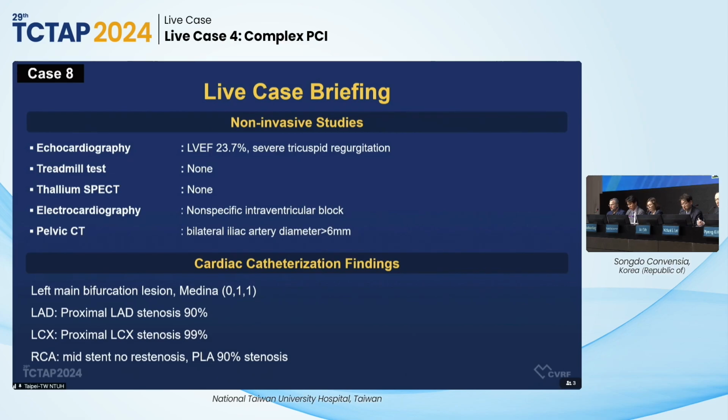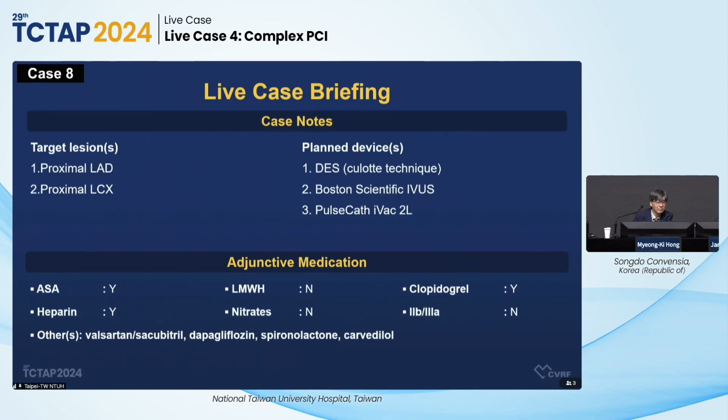The previous CT scan showed bilateral iliac artery diameter is over 6 millimeter. Before this episode, he had undergone 1 intervention in another hospital, which showed a left main bifurcation lesion, including proximal LAD and proximal circumflex lesion. Today, our target is the proximal LAD and proximal circumflex with bifurcation stenting.